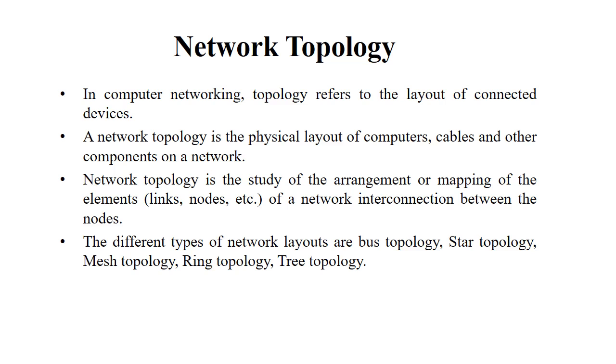Network topology is the study of the arrangement or mapping of the elements, that is links, nodes, etc., of a network interconnection between the nodes. The different types of network layout are bus topology, star topology, mesh topology, ring topology, and tree topology.